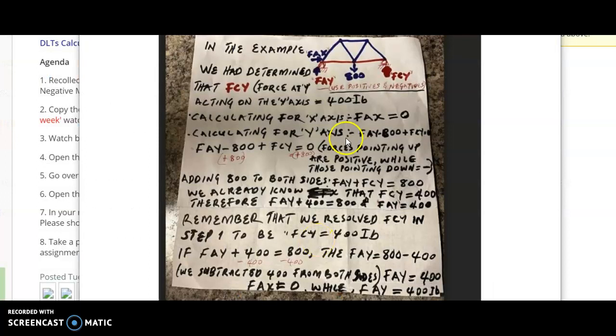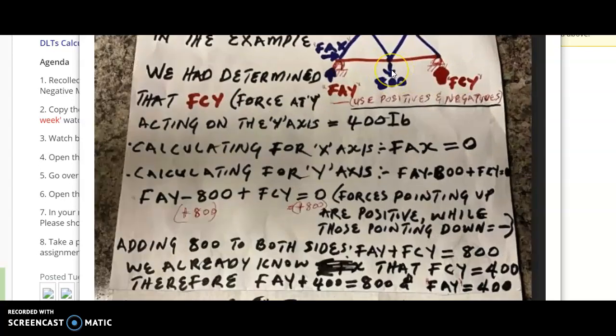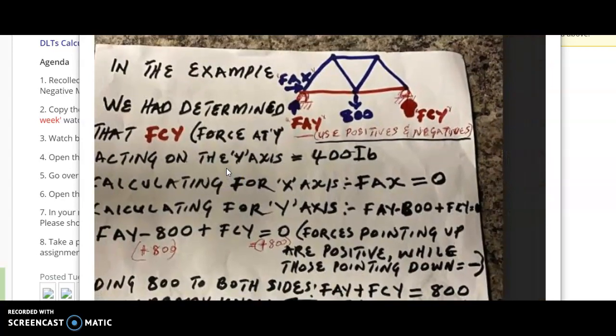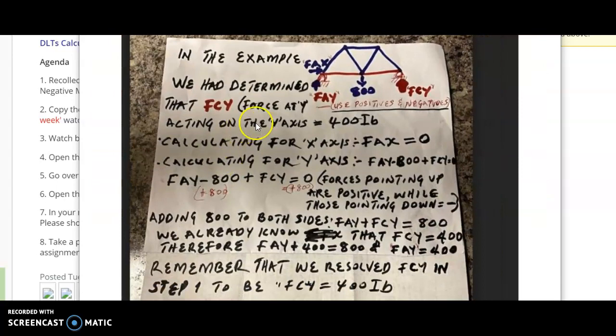Okay, so that's that. And then the next thing to note will be in the example. It's your job to do the assignment, so I will use the example again. In the example I gave, which was what you drew on MD Solids, we determined from our calculations FCY to be 400, right?